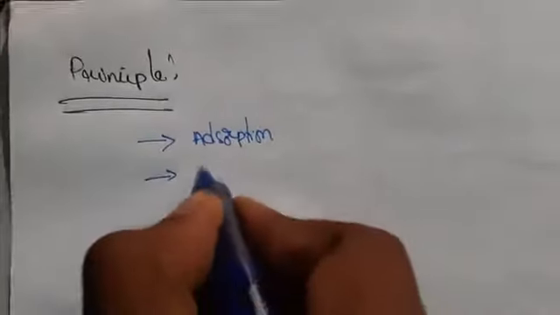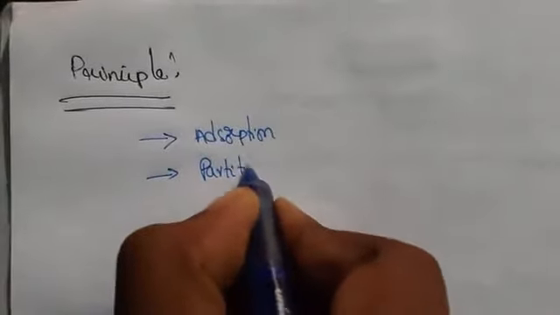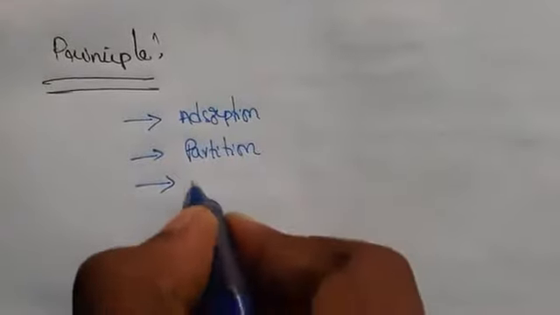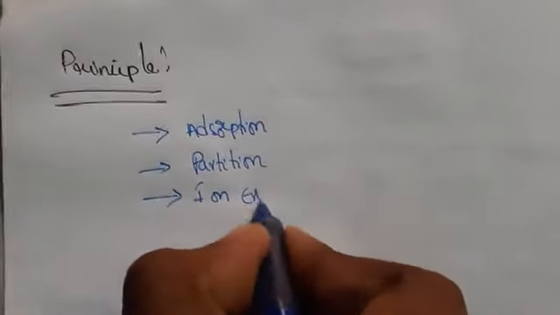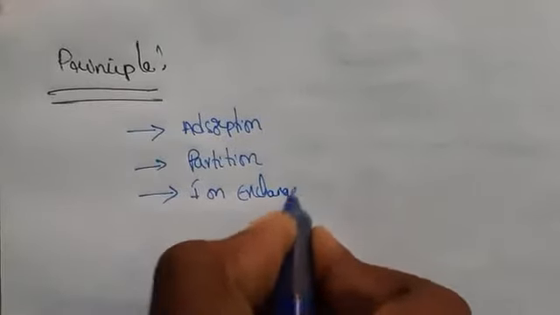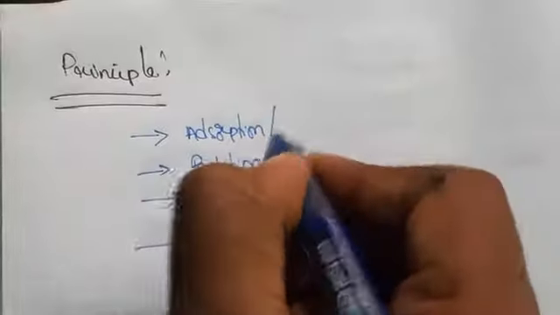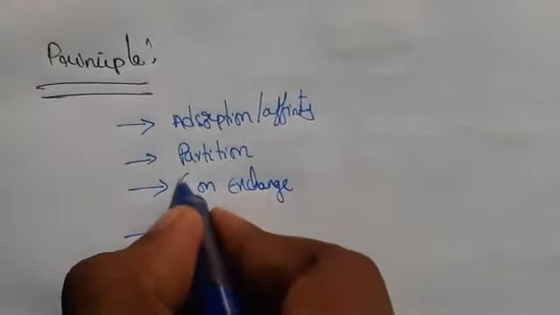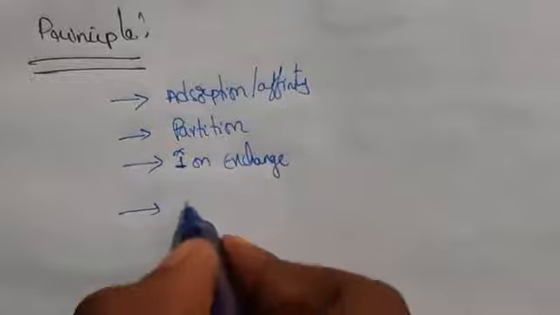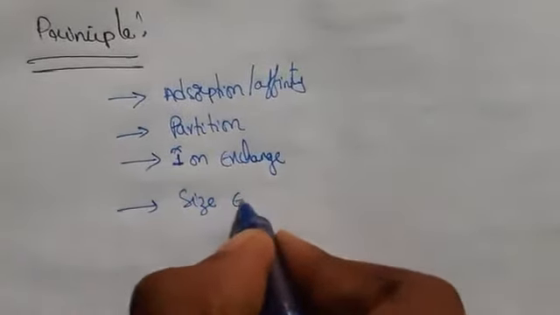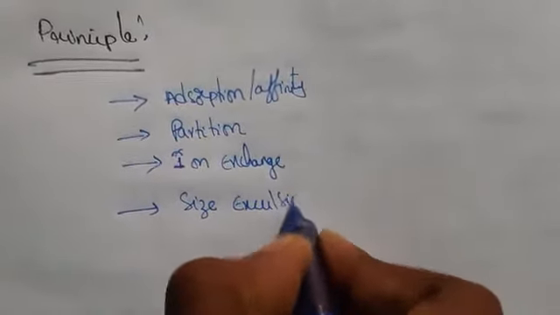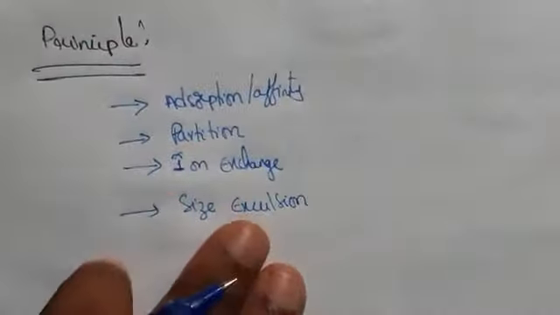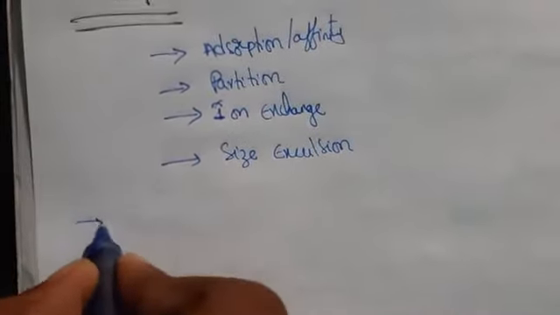Adsorption, partition, ion exchange, or affinity, and size exclusion. So chromatography depends upon these four principles. Now let us discuss each one by one.